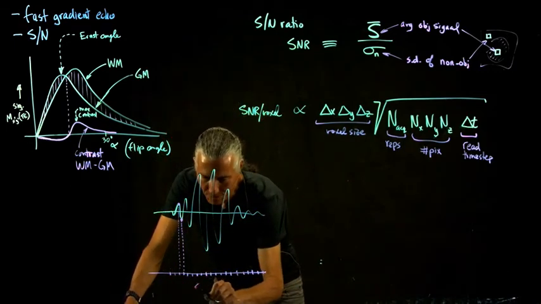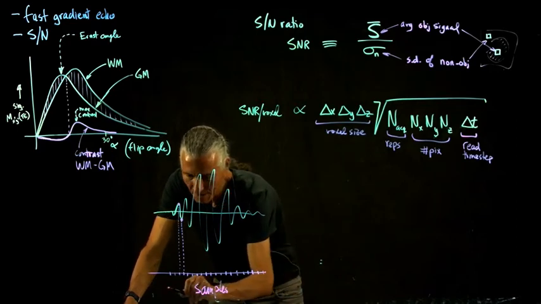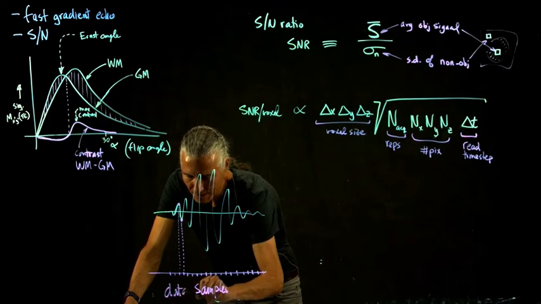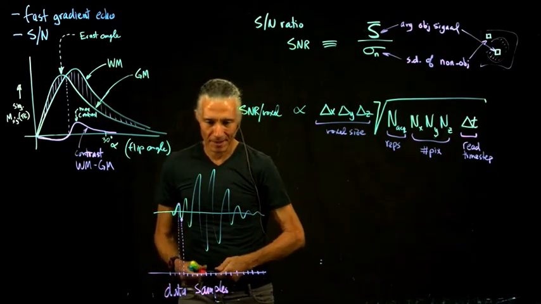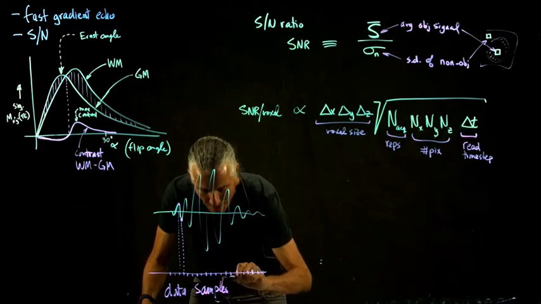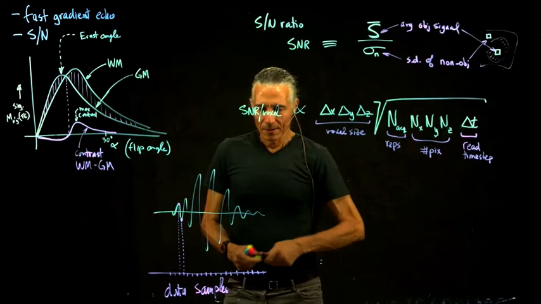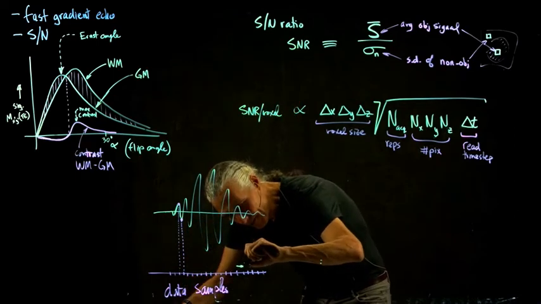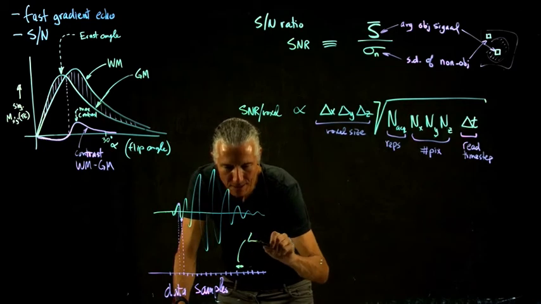These are our samples, data samples. Each one is complex valued. Remember, it's a complex valued thing, but whatever, data samples. Now, what's the bandwidth? This amount of time right here, that's delta t.